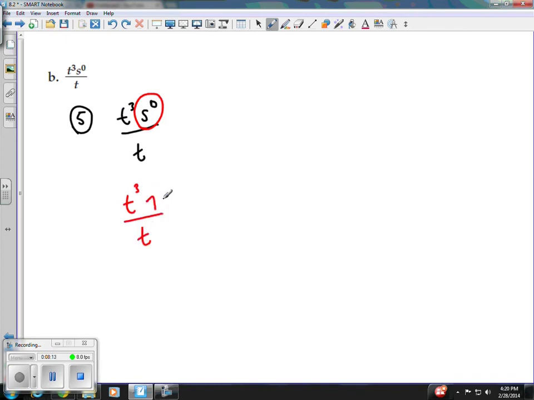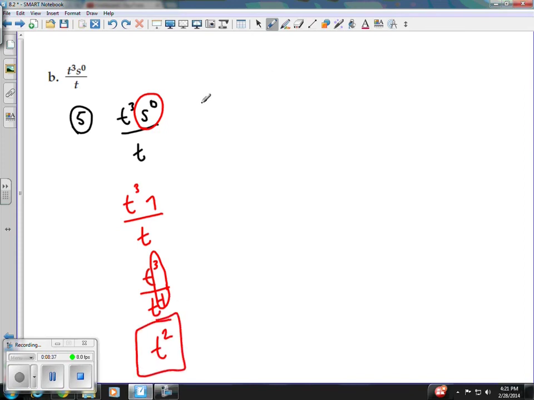Now t to the 3rd times 1 just makes 1 t to the 3rd, so we don't have to show that 1 anymore. So we just write t to the 3rd over t. And now that fraction bar means we're being divided, so we need to subtract our exponent. So 3 minus, there's 1 down here, so 3 minus 1 is t squared.